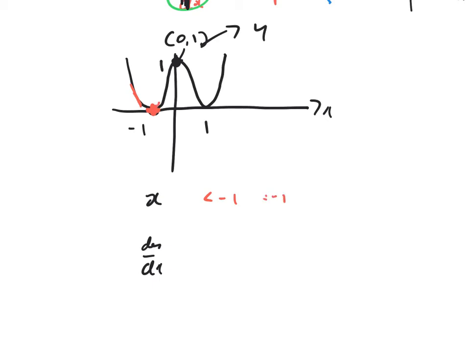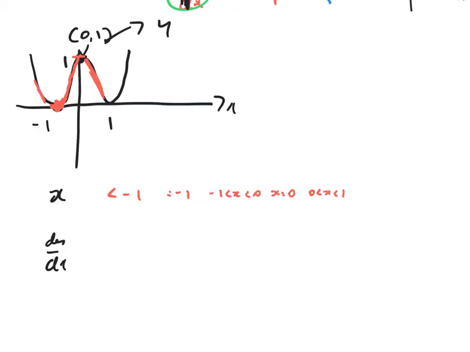We're then going to look between stationary points, that's between -1 and 0. We're then going to look at stationary points, that's at 0. Then between stationary points again, between 0 and 1. And then at stationary points, at 1. And finally, after 1.